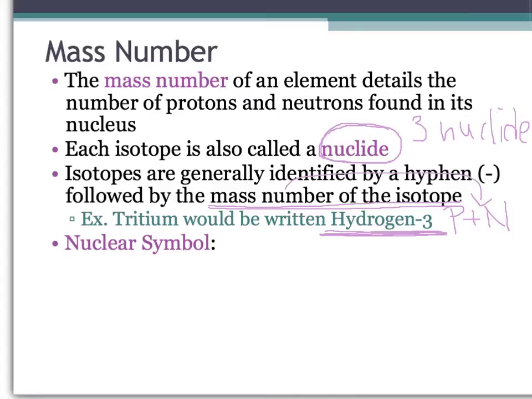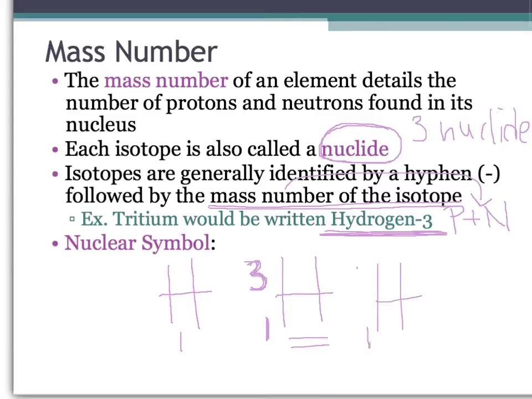A lot of times you'll also see the nuclear symbol. So the atomic symbol for hydrogen is H, usually with a 1 to represent that it has 1 proton. When we are showing isotopes, what generally will happen is we'll have the atomic number down here on the left-hand side in a subscript, and we'll have the mass number up above it. So you can see that this would be an isotope of tritium.